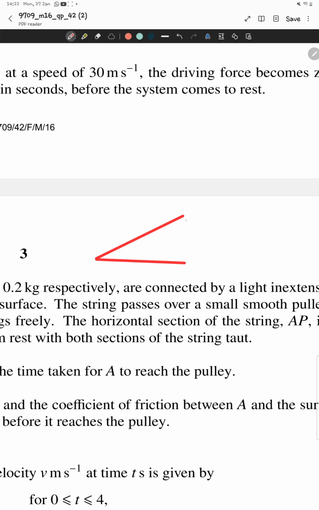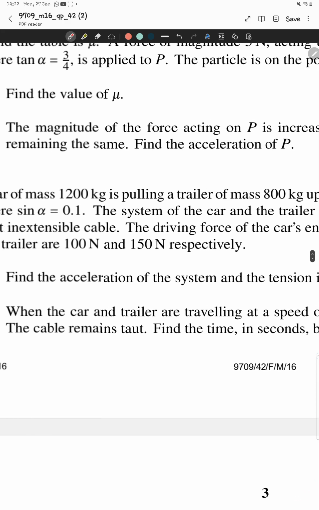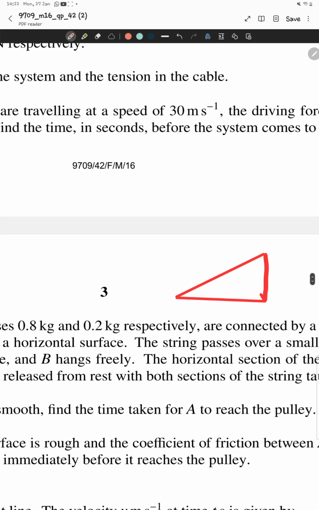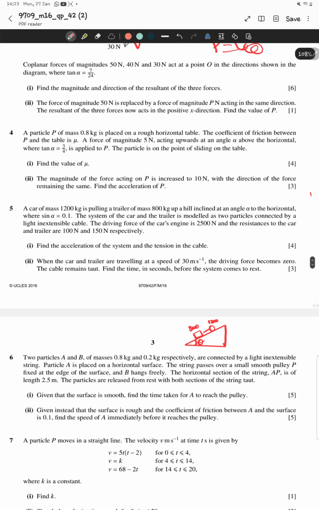We have a car and a trailer. So the car is 1,200 kilograms, this is 800 kilograms, and this is alpha. Sine alpha equals 0.1.